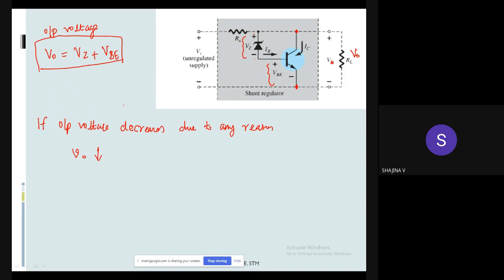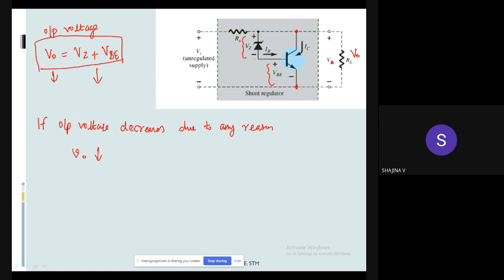Output voltage decreases means here what will happen? This RHS term also decreases. Output voltage is equal to Vset plus VBE.